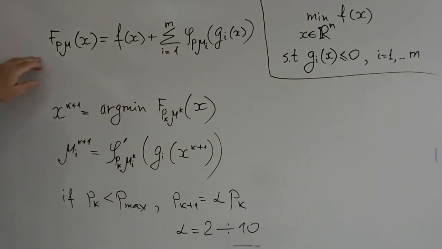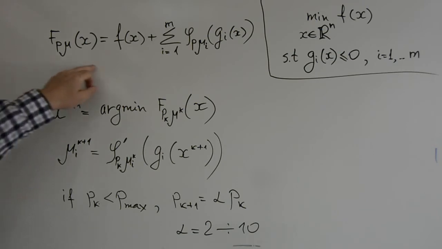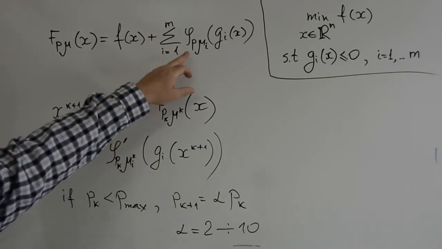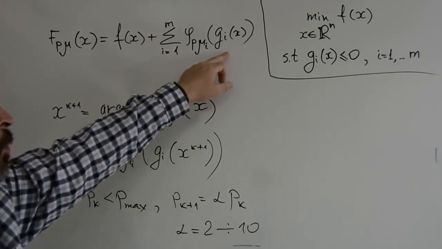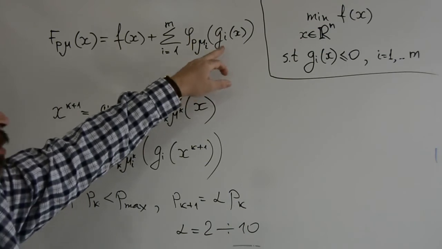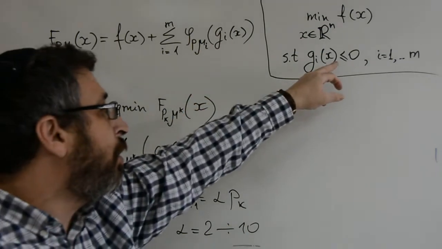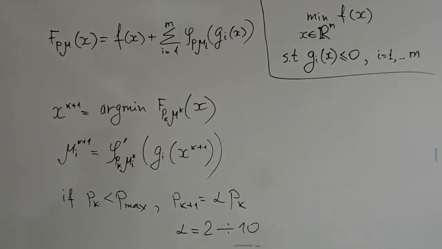Okay, in a similar way as we described, we build the penalty-multiplier aggregate. We only now take a penalty function not of x but of every constraint, because we want each constraint to be less than or equal to 0.